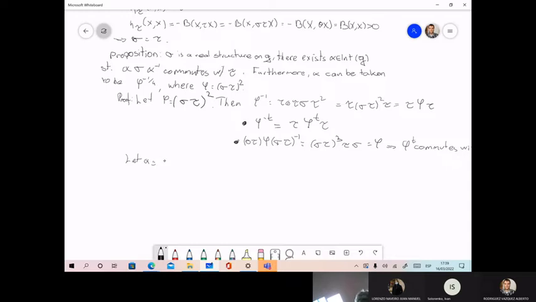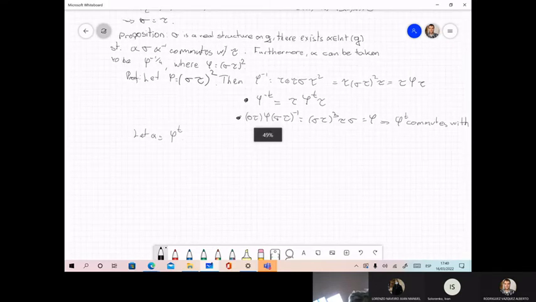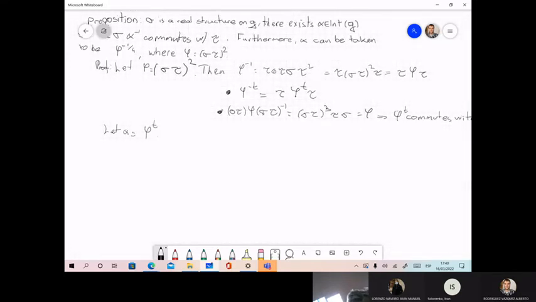We want to see that for some certain value of t, which is in particular minus 1/4, conjugating that by this phi to t makes sigma commute with tau.